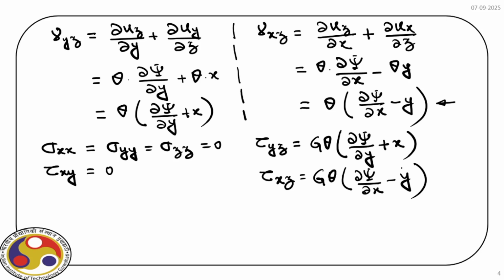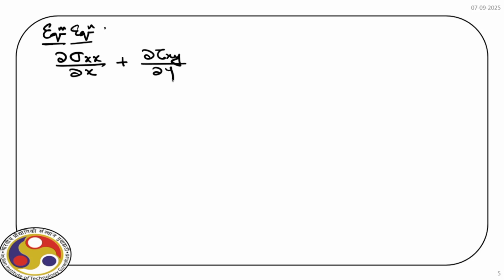Okay. Now, before we move further, let us first satisfy the equilibrium conditions. If you recall the equilibrium equation, we have sigma xx differentiated with respect to x plus tau xy differentiated with respect to y plus tau xz differentiated with respect to z is equal to 0.